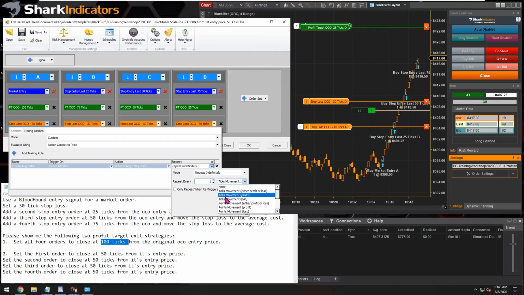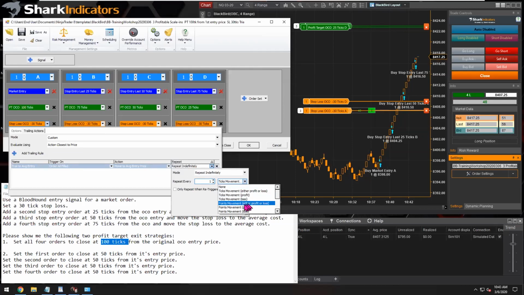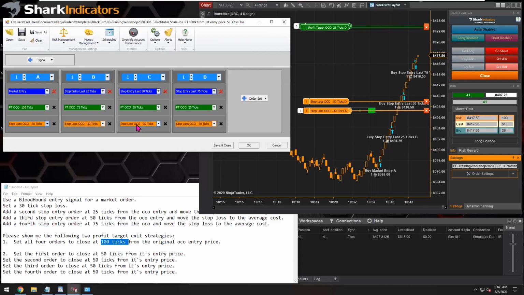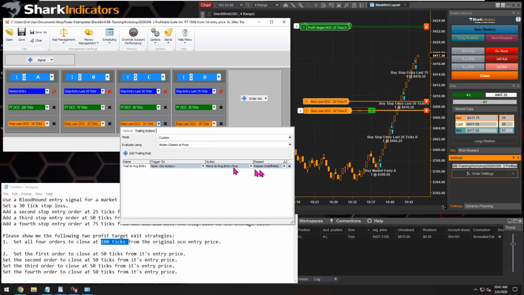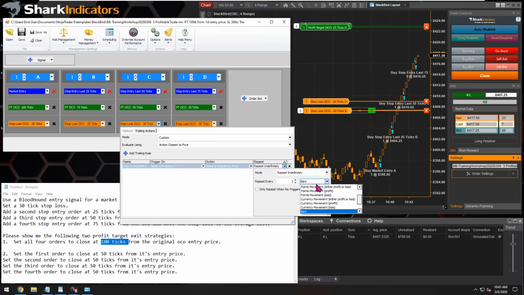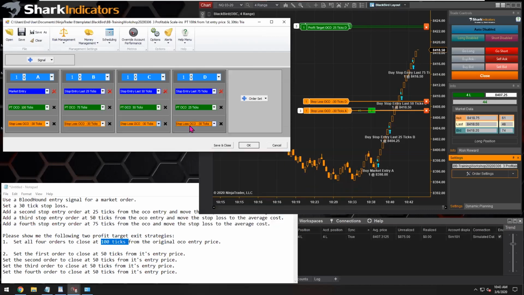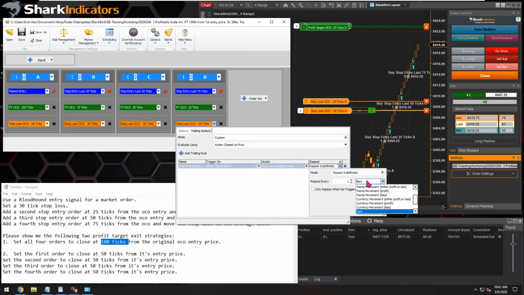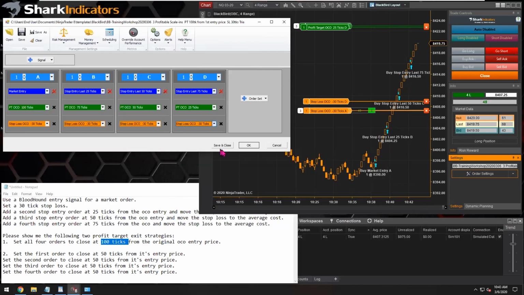So instead of ticks in profitable, let's just do ticks in either direction. All right, and may adjust this one. All right, we'll save that.